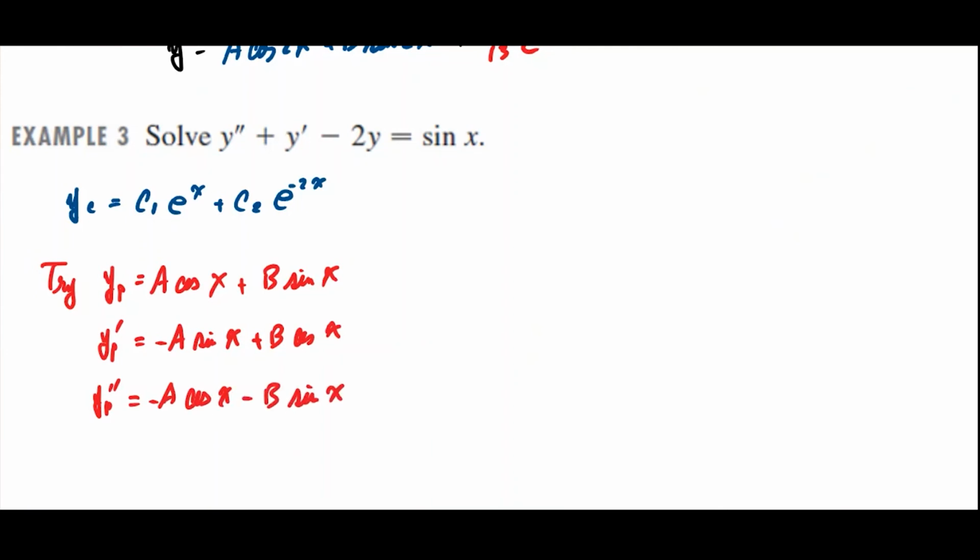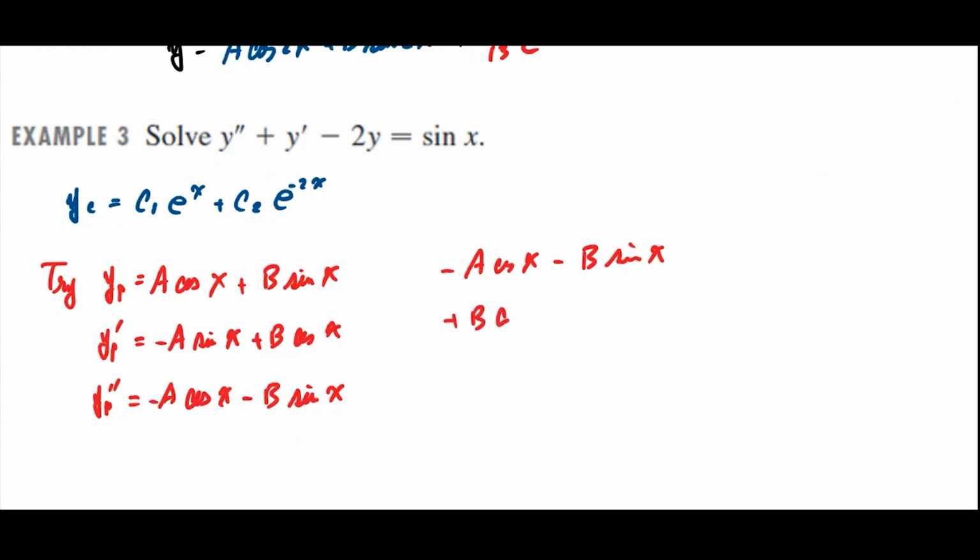How about that? Let's plug it in, okay? Plug it into this. We have to just suck it up and write it. So negative a cosine of x minus b sine of x, and then just add it. So I'm going to write it underneath here. Oh, why don't I be clever and write it this way?